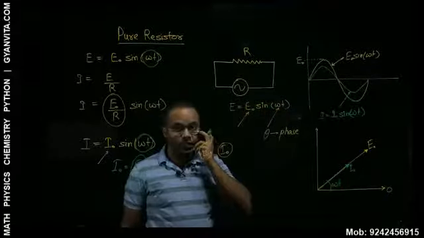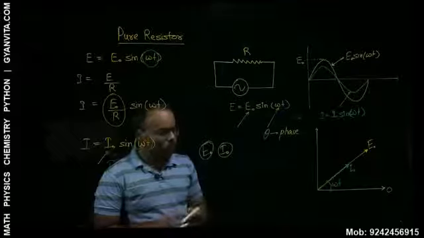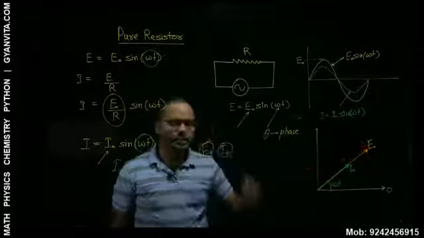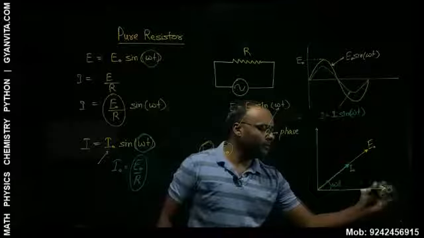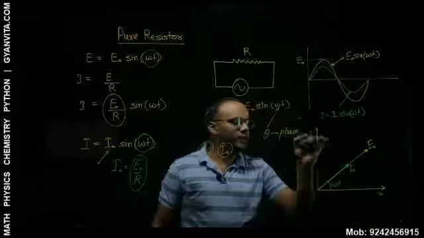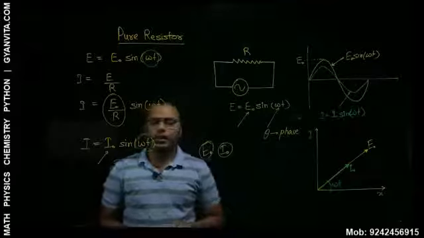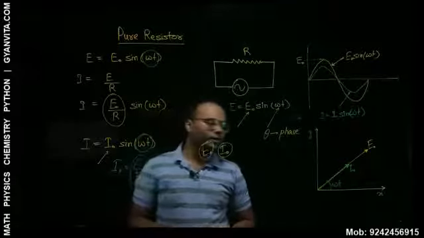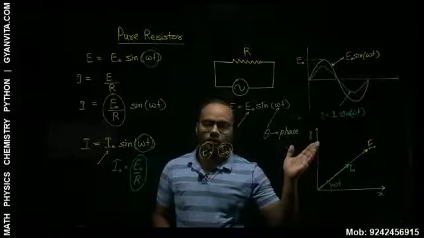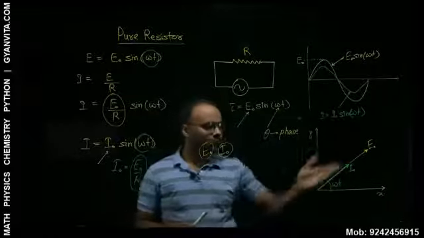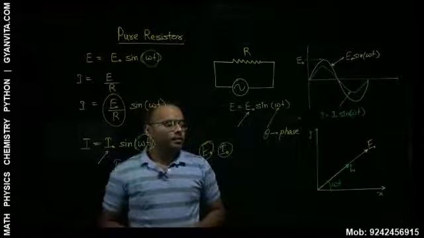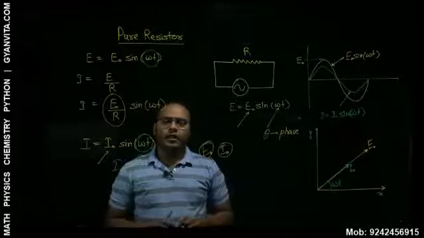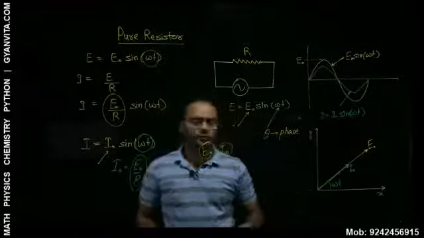So what you see here is that these two lines are actually at the same angle with the x-axis. Suppose this is your x-axis and this is the y-axis, then you see that the two lines are actually on the same line. So they are making the same angle with the x-axis, that is omega t, right?